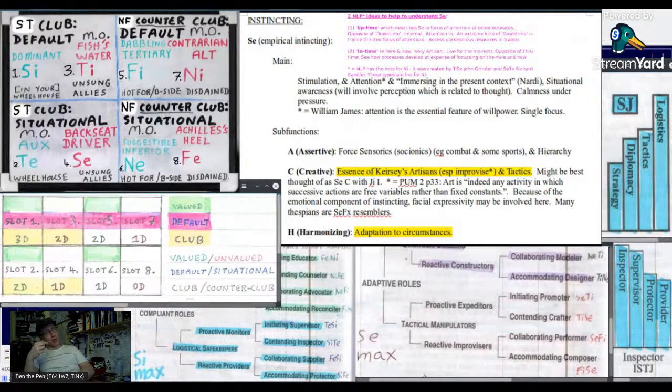One of the reasons why artisans adapt to circumstances more than guardians is they don't mind being in those situations where they have to adapt because they find it exciting, whereas the guardians plan so much, especially ISTJ, to avoid being in those situations because they're focused on stability and they're going towards stable careers, stable options.